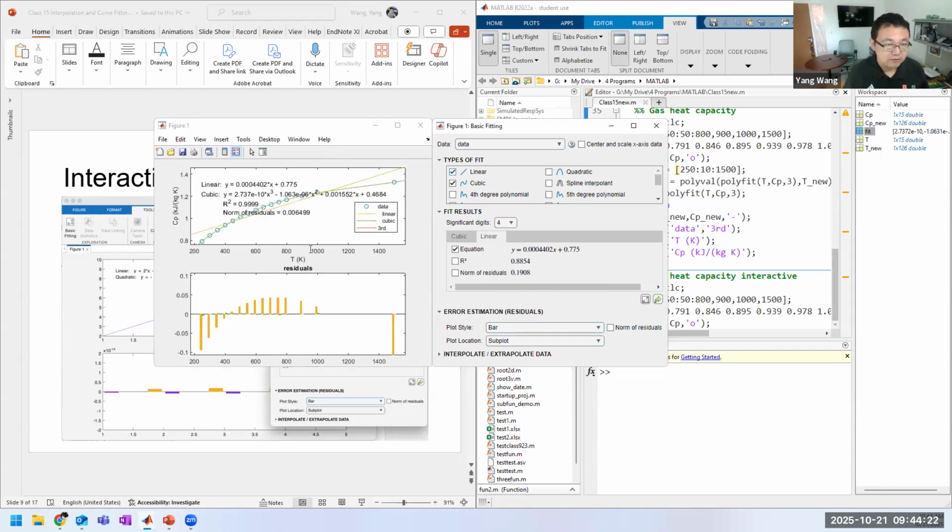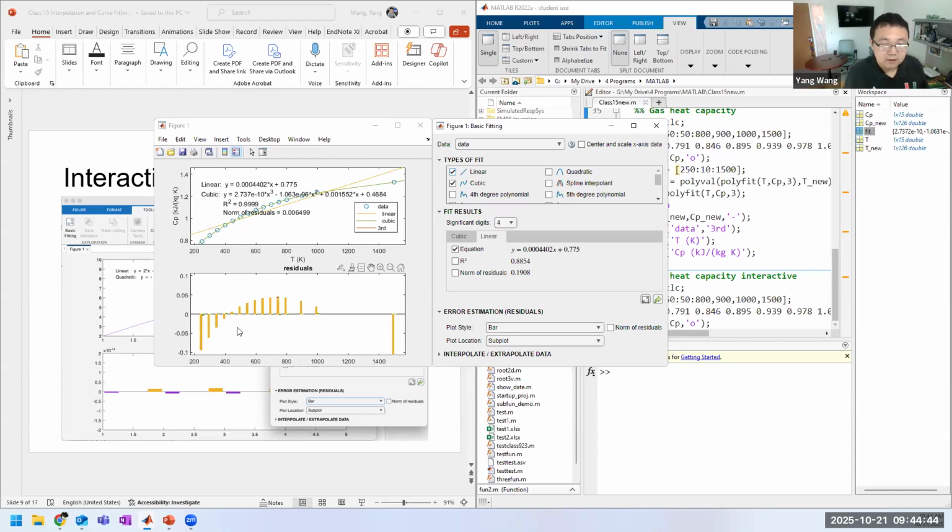You can also show the linear. If you see the linear, you can see the residual at this lowest temperature, 250 degrees Kelvin, is the biggest, and also the biggest over here. The lines are over the data, so that's why you have negative residuals, but over here you have positive residuals.